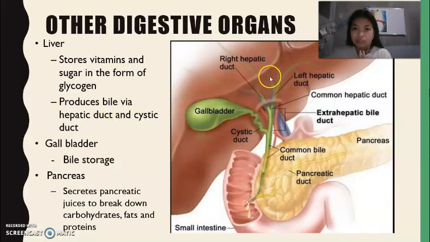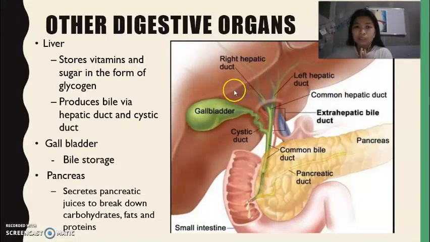So we have here the hepatic duct, the right and the left. So ito yung liver. It produces the bile. And then it goes to the right and left hepatic duct and the cystic duct. And then it stores in the gallbladder. Kaya tinawag yung gallbladder na bile storage.